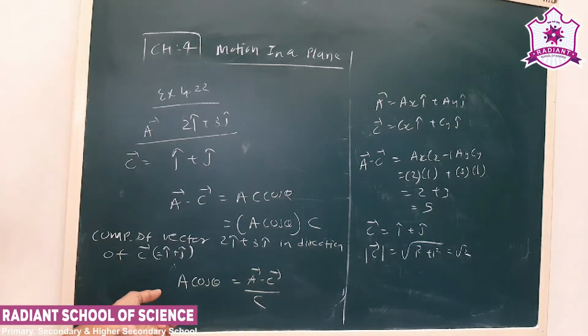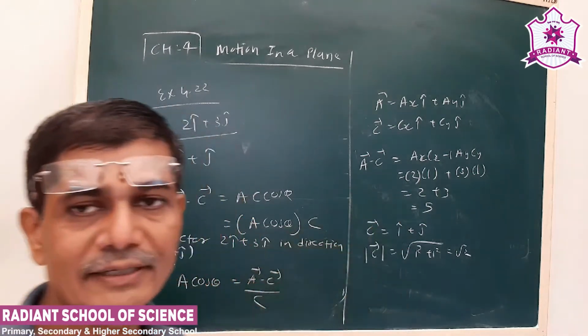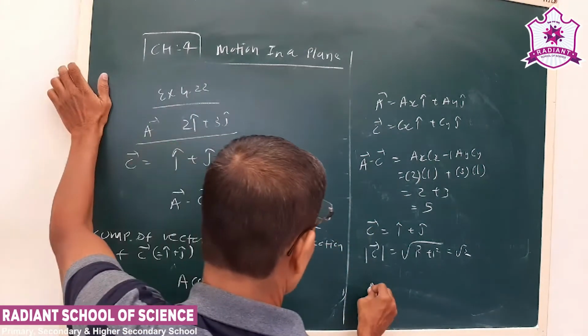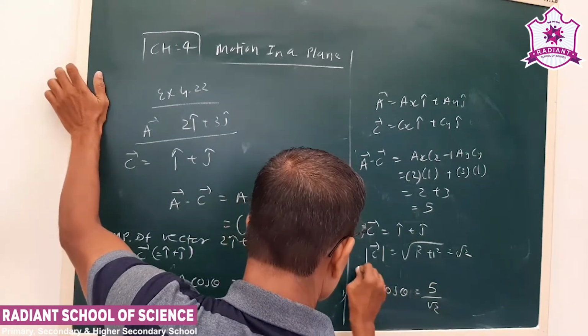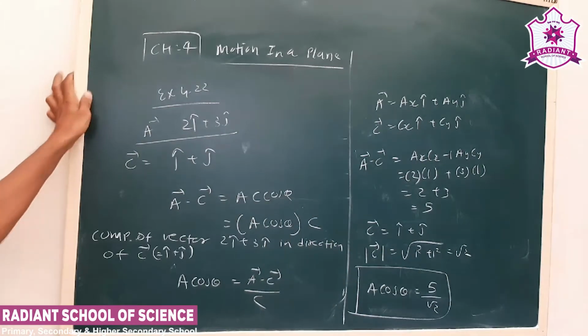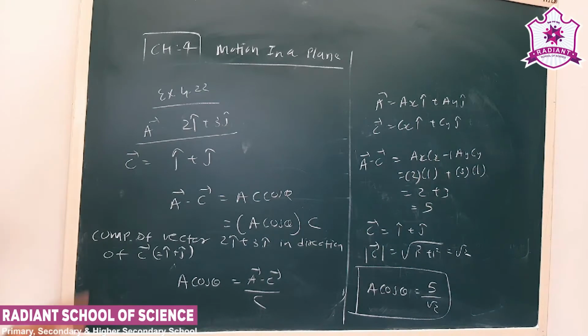Now the value which we have obtained, we can substitute here. This is A cos theta, and A dot C is 5. That will be our answer. This is the first part.